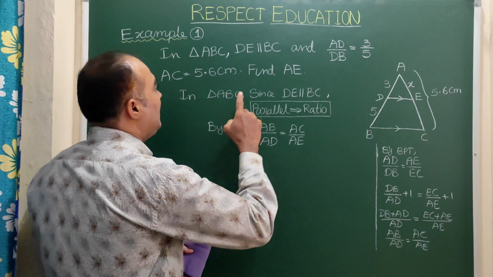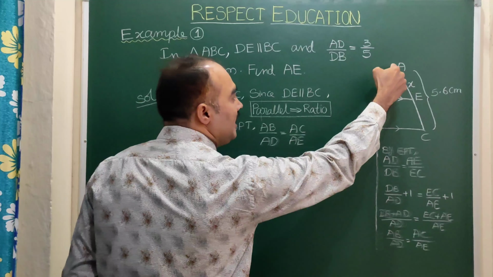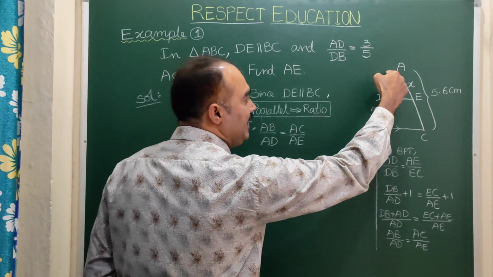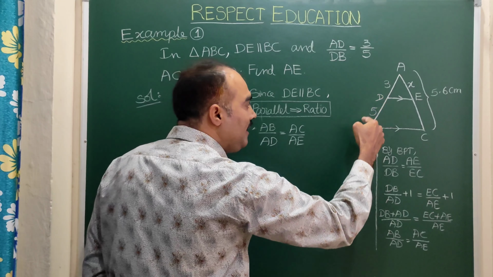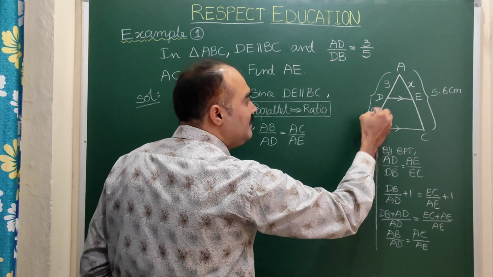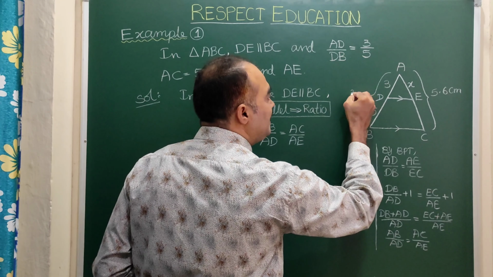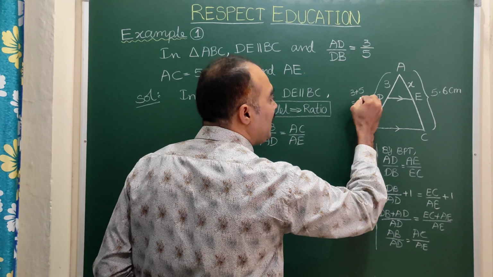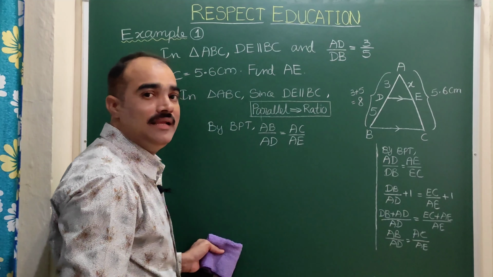AB. Here you see the given values. A to B. Here AD is 3. DB is 5. So we can take AB as 3 plus 5. Nothing but 8. So here AB is 8.